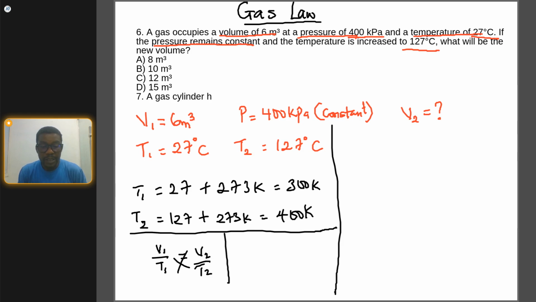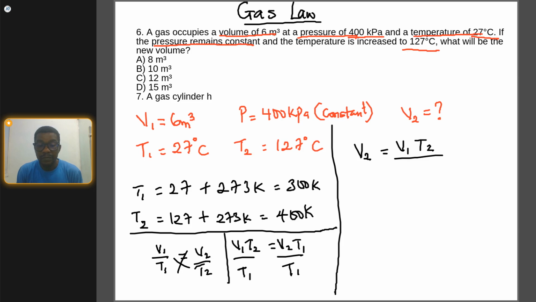When you cross multiply, you have V1 T2 equals V2 T1. Dividing both sides by the coefficient of V2, which is T1, V2 will end up to be V1 T2 divided by T1.